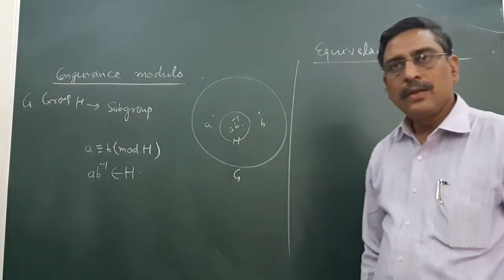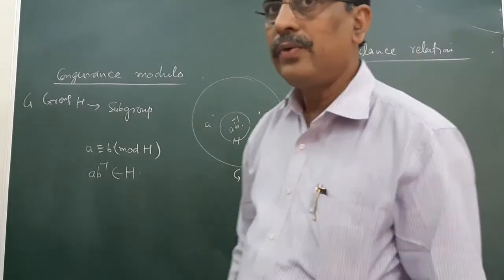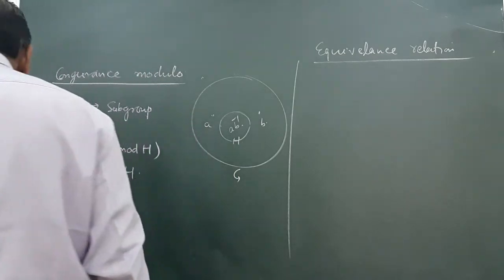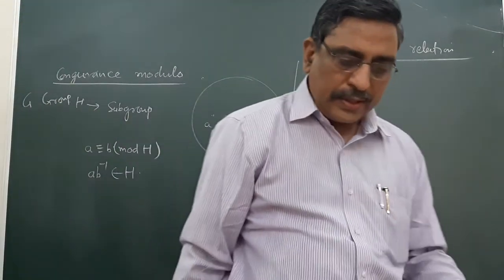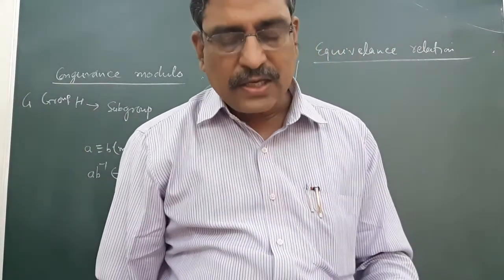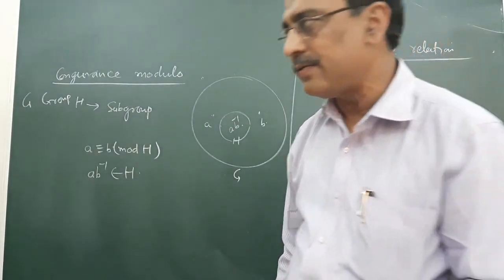Now, what do we need to prove? Equivalence relation means we need to prove that it is reflexive, symmetric and transitive.